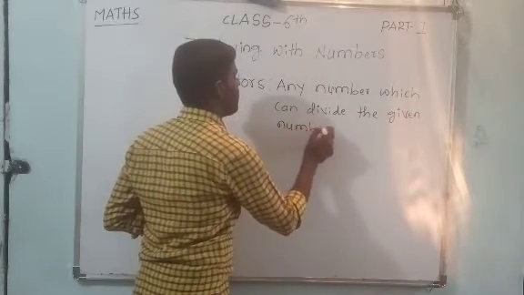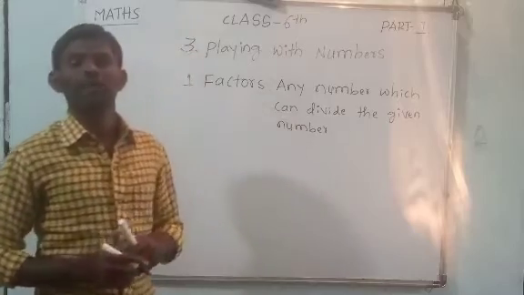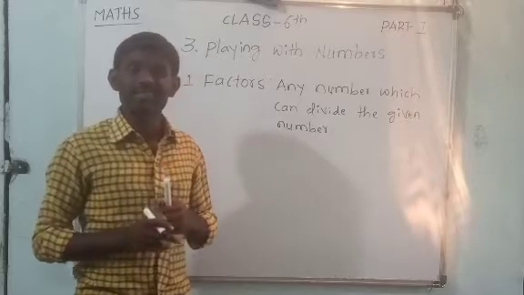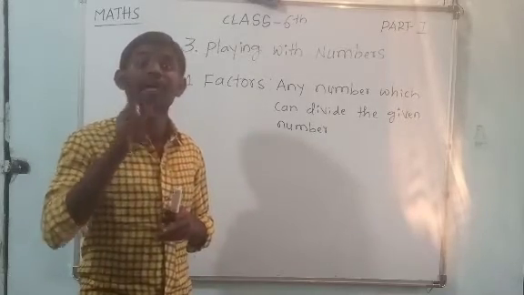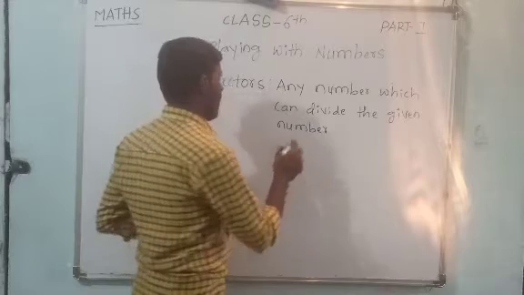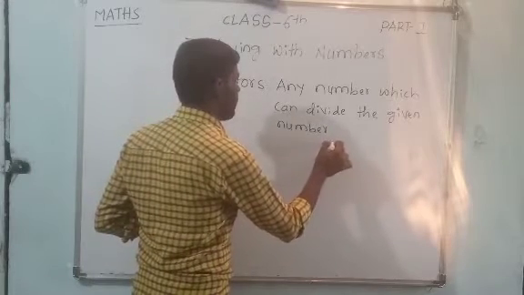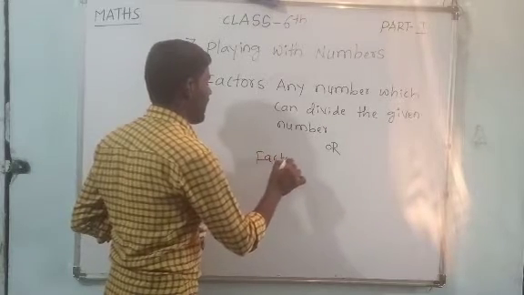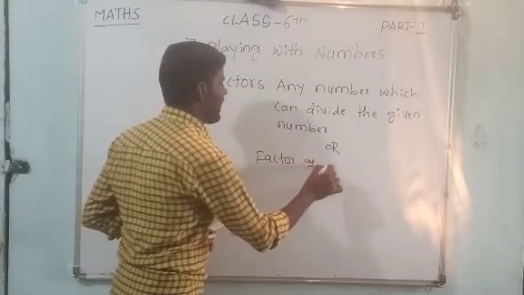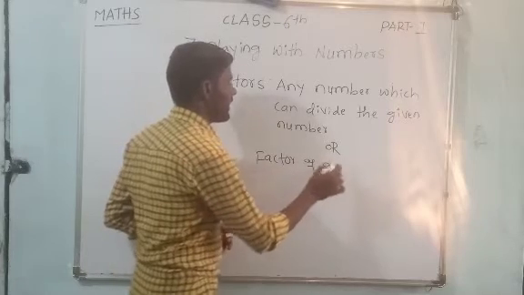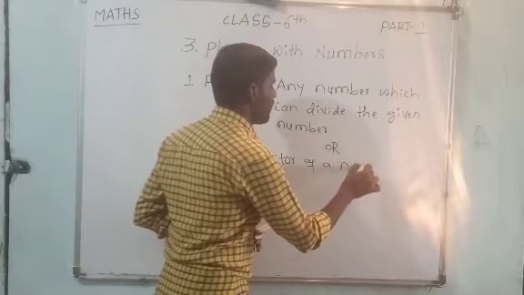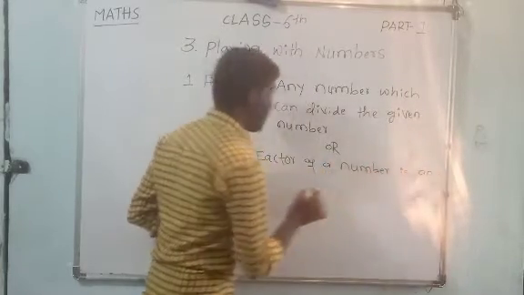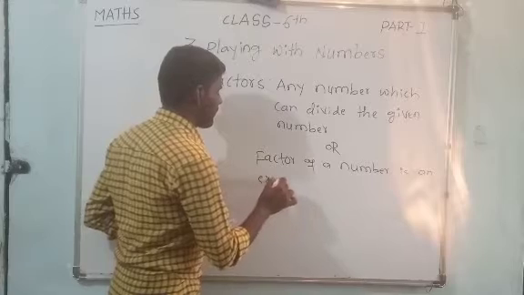Another definition, according to your textbook: a factor of a number is an exact divisor of that number.